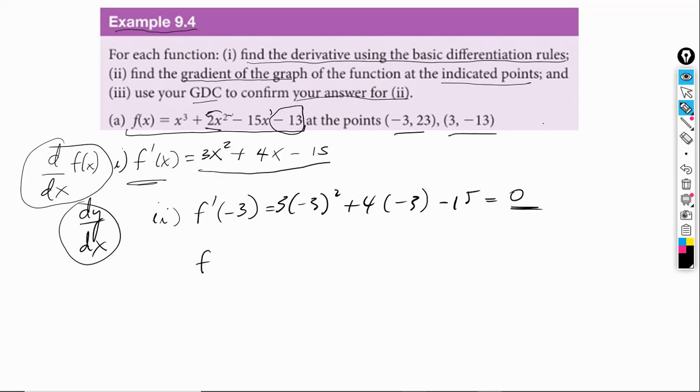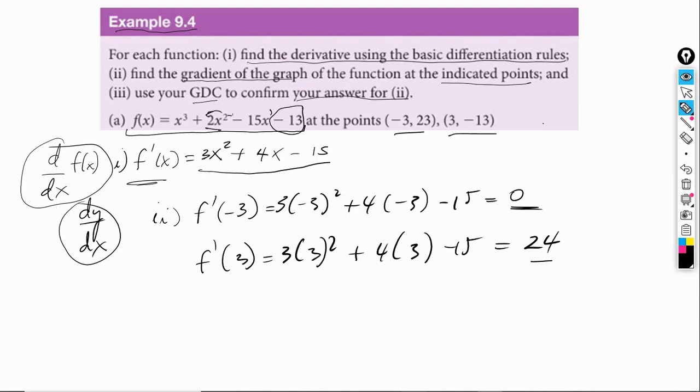How about at x equals 3? So the same thing, plug it into the derivative of the function, and we get 3 times 3 squared plus 4 times 3 minus 15, and this gives us 24. So that means that at x equals 3, the gradient is 24.